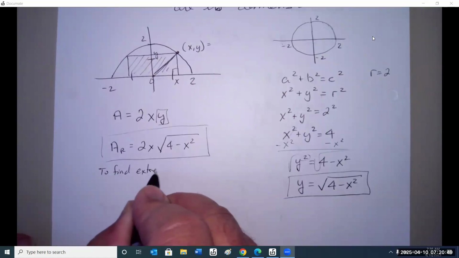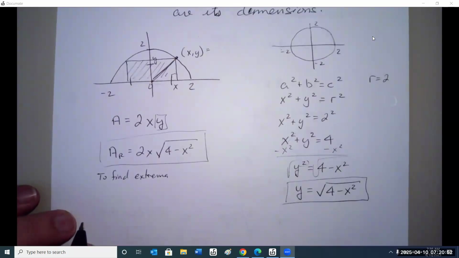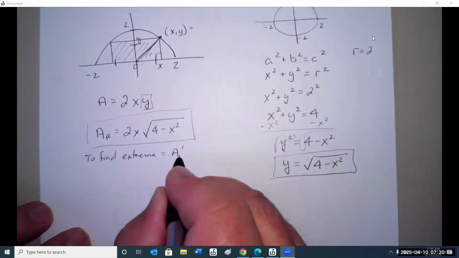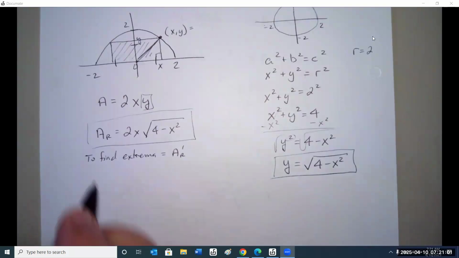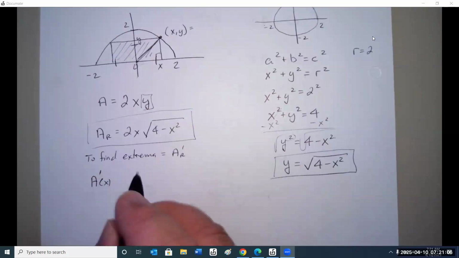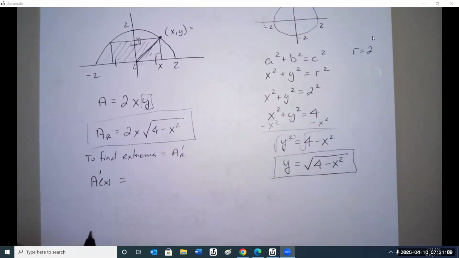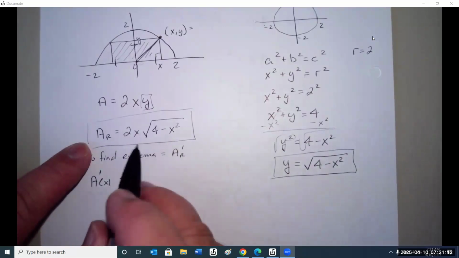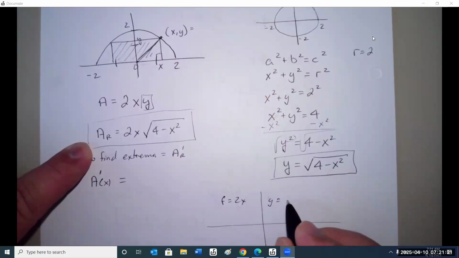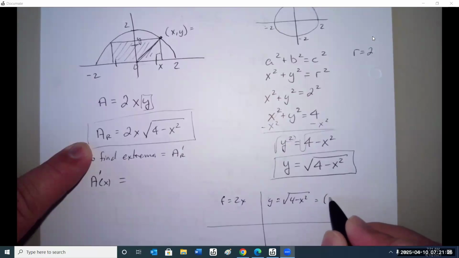To find the extrema, so the largest area, we need A prime. A prime is with respect to x, the rate of change of the area of the rectangle. What we have to do here is use the product rule. So f is 2x, g is the square root of 4 minus x squared, which is 4 minus x squared to the power 1/2.